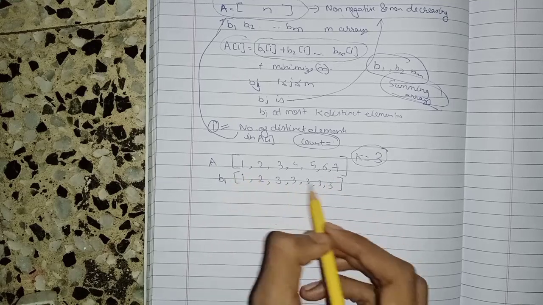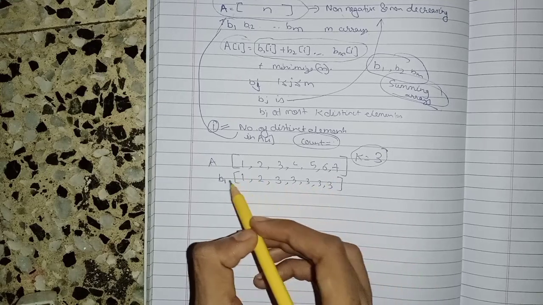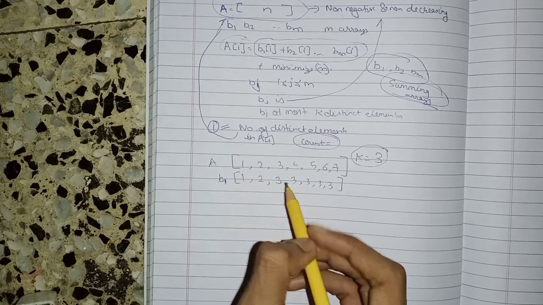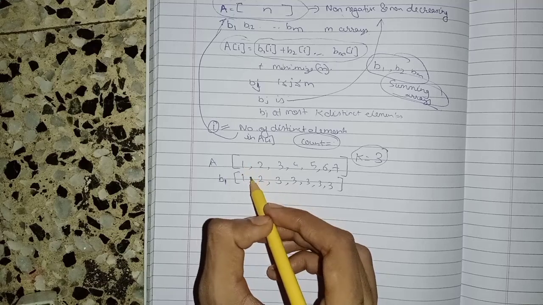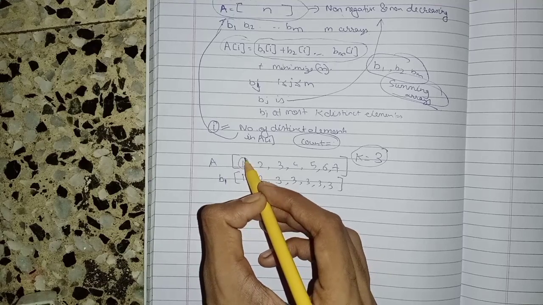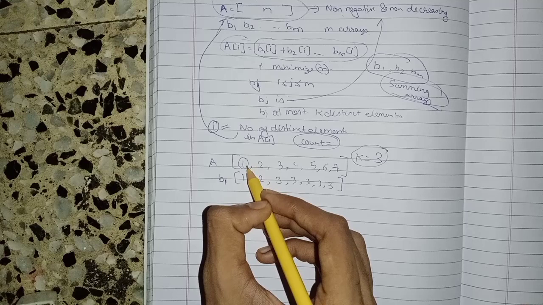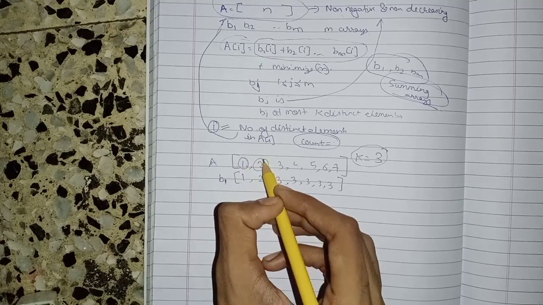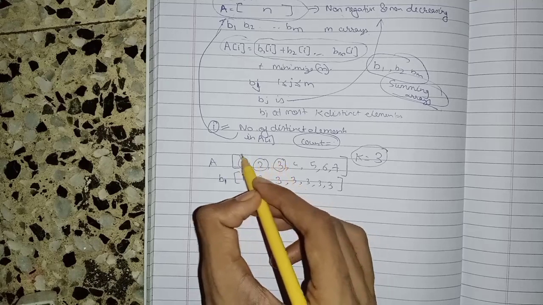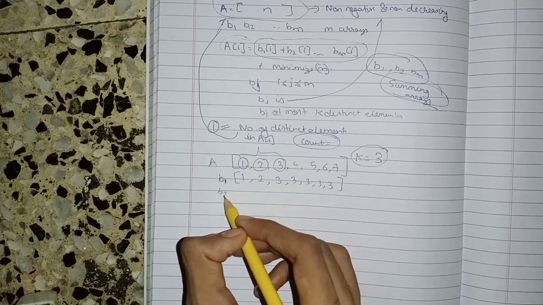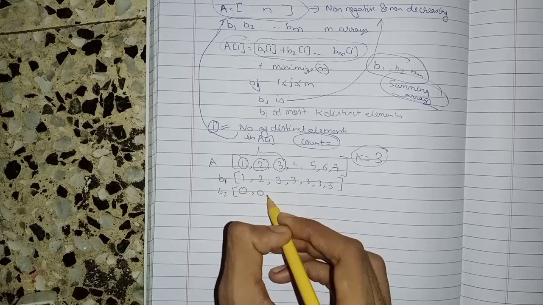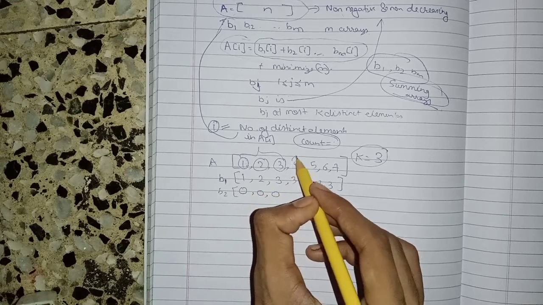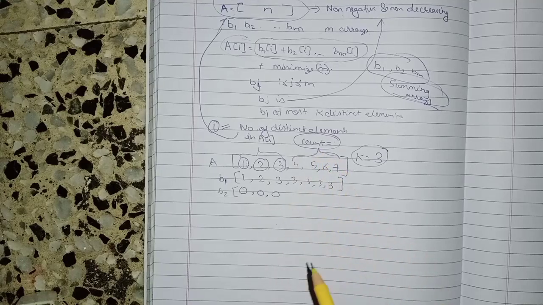So when I write this b1, I am taking care of this 1, this 2, and this 3. This implies that in b2 my first 3 elements are fixed and they will be 0. Now after that I have to take care of the remaining elements.